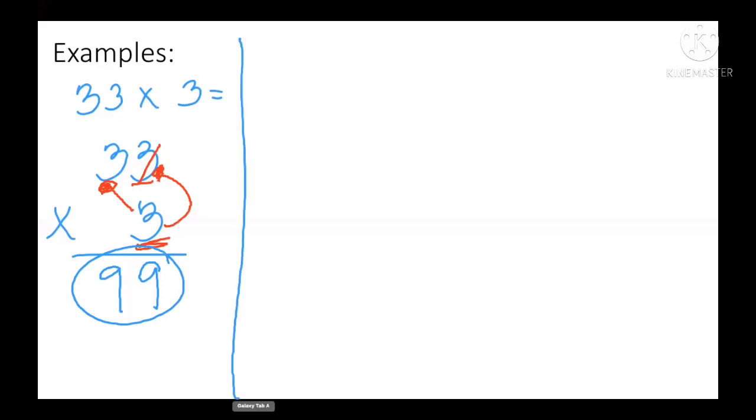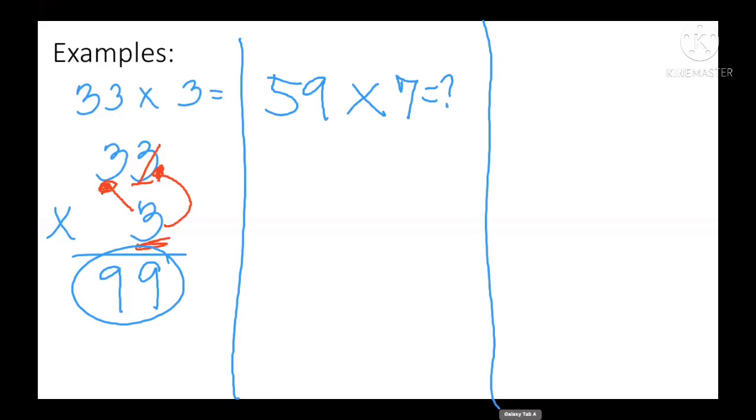I will make it harder, okay? Let us try to multiply 59 times 7. Let us first organize the problem. So I will put here 59, the symbol, and then 7, and then equals. Remember, we need to multiply first the given number down here by the ones place digit.